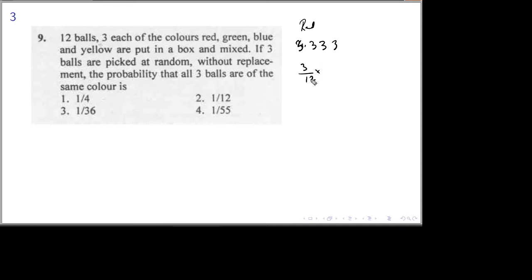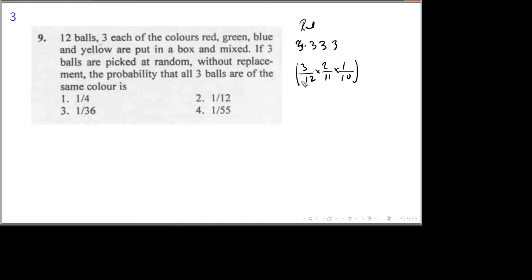Once you pick one ball, you're left with 2 red balls and balls of other colors, right? So the probability that the second ball is also red is 2 by 11, because you have 2 red and 11 balls overall. The probability that the third ball is also red is 1 by 10, since you have picked 2 balls, 10 remain and only one is red.